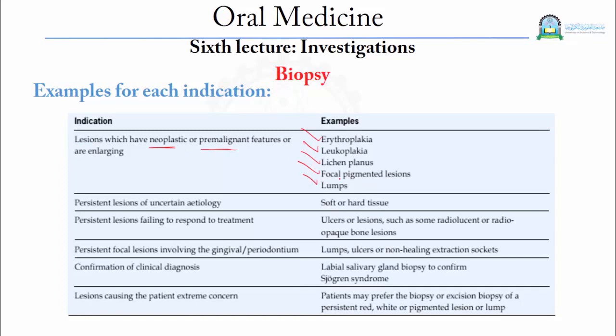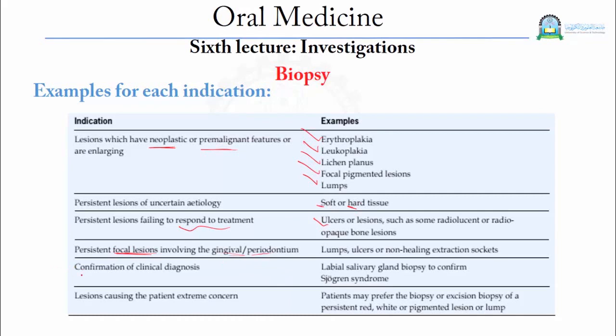Also, if there are any persistent lesions of uncertain etiology in the soft or hard tissues, or persistent lesions failing to respond to treatment, such as ulcers: if you treat oral ulcers and they persist for 2 weeks or more, you need to perform a biopsy. Also any radiolucent or radio-opaque bone lesions, and persistent focal lesions involving the gingiva or the periodontium, like lumps, ulcers, and non-healing extraction sockets.